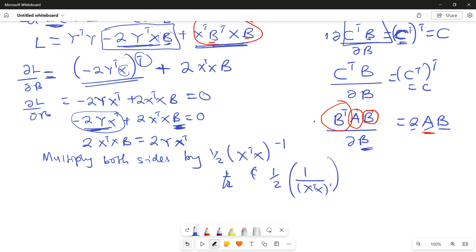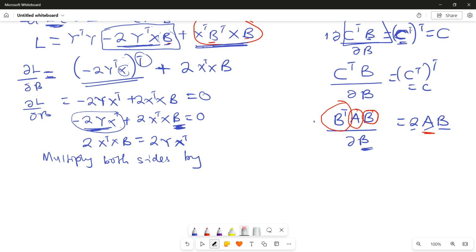You cannot divide matrices. So the only way that we can make b be alone on the left hand side is if we multiply both sides by half x transpose x inverse.